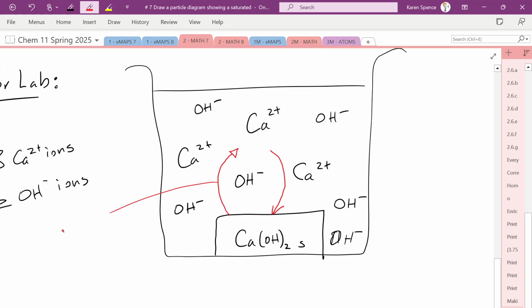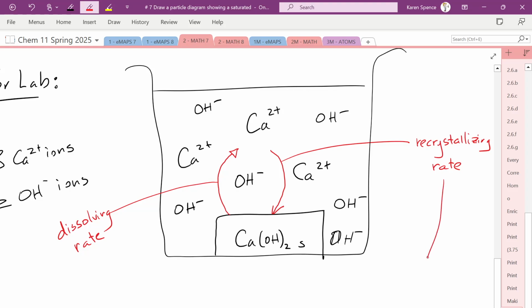And I'm going to say this is dissolving and this is recrystallizing. And that, my friends, is a saturated solution, when the rate of dissolving and the rate of recrystallization are the same.